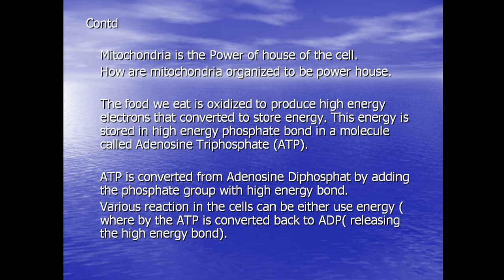This ATP is converted from ADP, adenosine diphosphate. If you add one phosphate group to ADP, it becomes adenosine triphosphate.